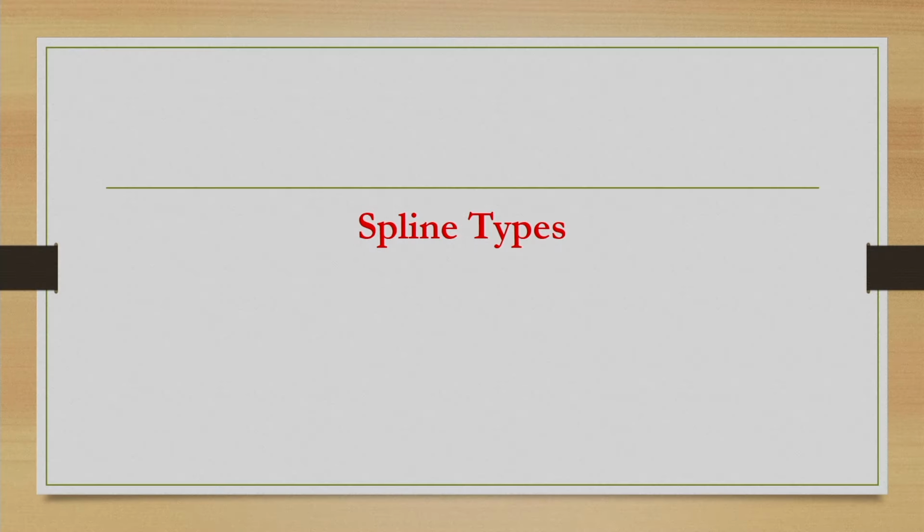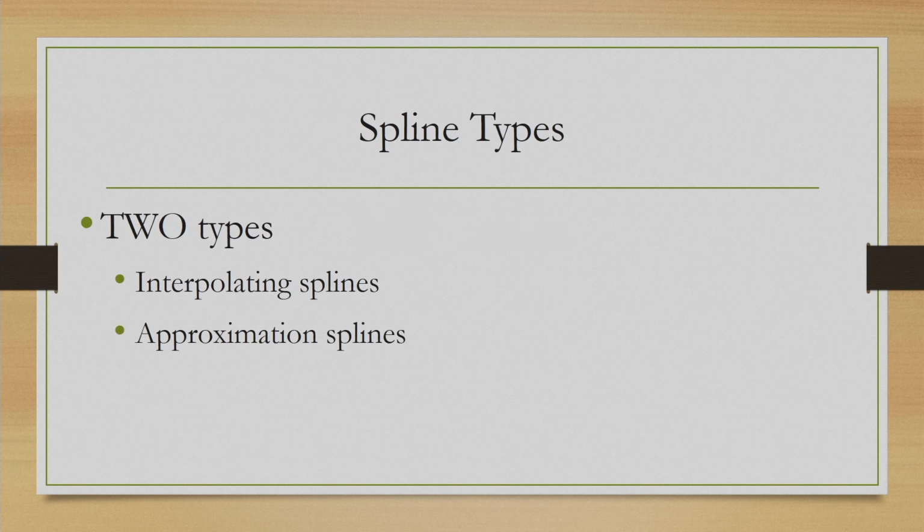Now, let us try to see what are the different types of spline representations that we can use. There are broadly two types, one is interpolating splines, other one is approximation splines.